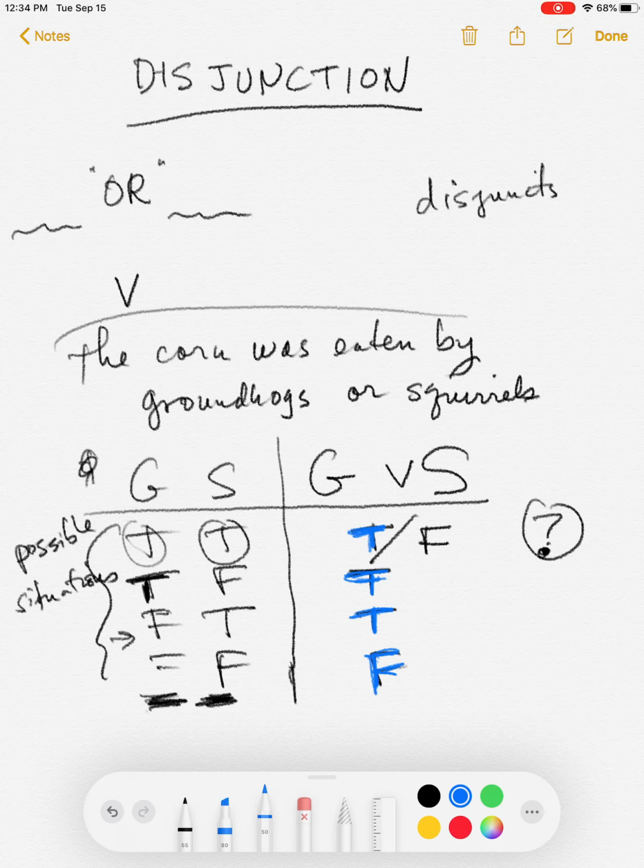It's really how the disjunction fares under each of these four possible situations. That if they both eat, it turns out they both ate the corn, then I haven't said anything false.